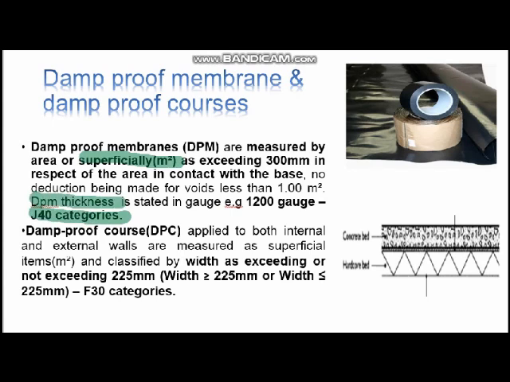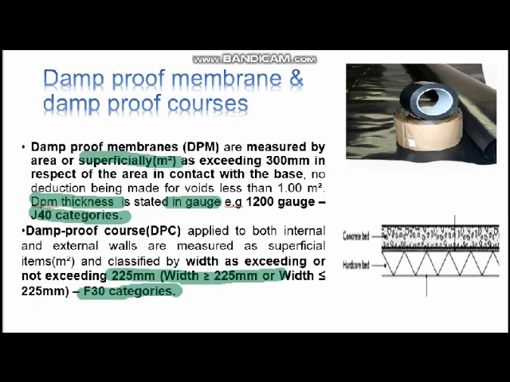Normally it will state the DPM thickness, stated in gauge. For damp-proof course, it will be described under F30 categories. Normally it is relevant to the thickness of the wall, whether exceeding or not exceeding.